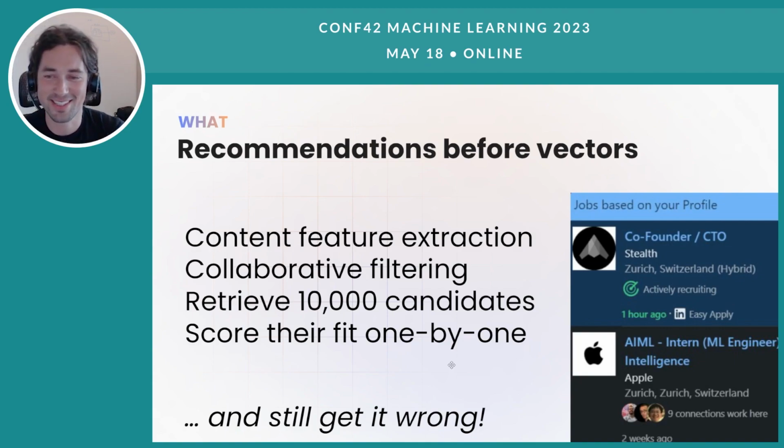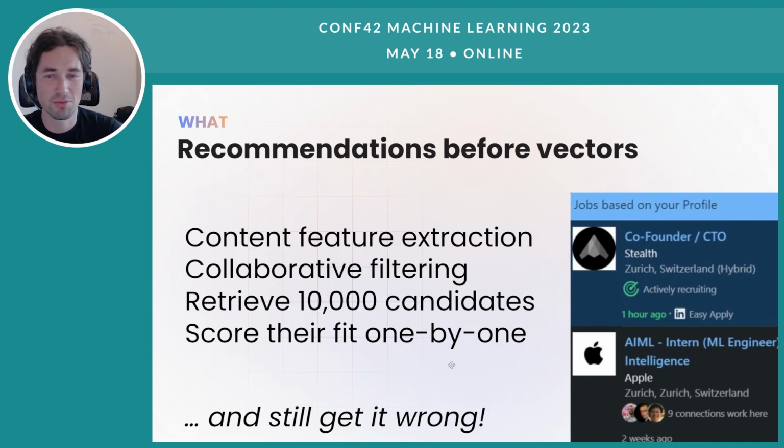Not so rarely I get recommendations for intern jobs after being in the industry for 15 plus years, and then also some sort of stealth company. It's kind of a meme. If you search for stealth on LinkedIn, you'll see that there are tens of thousands of people working at stealth, and this entity shouldn't really be recommended. So basically, we still get recommendations wrong, same as the search.